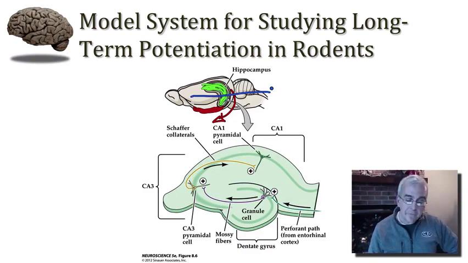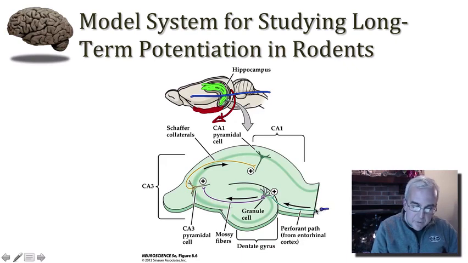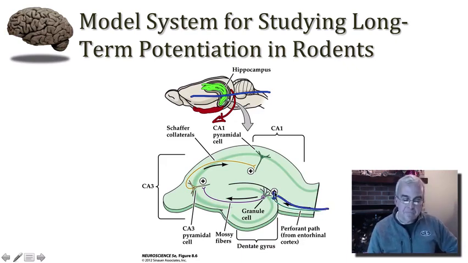And it involves basically a 3-neuron pathway through the hippocampus. And it begins with inputs that arrive into a part of the hippocampus called the dentate gyrus. And these inputs are coming from the cortex just outside the hippocampus and something called the entorhinal cortex, part of the parahippocampal gyrus, that you may recall from viewing the surface of the human brain from below.